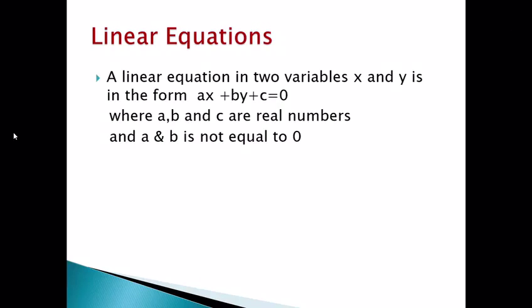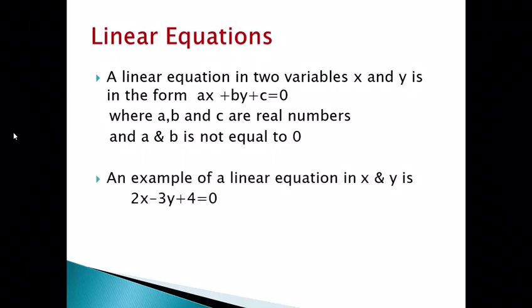A linear equation in two variables x and y is in the form ax plus by plus c equal to 0, where a, b and c are real numbers and a and b are not equal to 0. Let's have an example: 2x minus 3y plus 4 equal to 0.